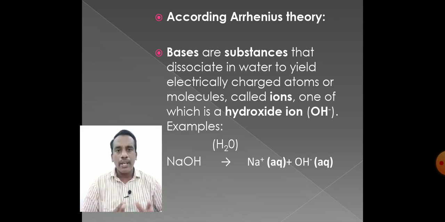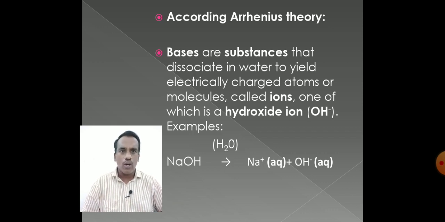These OH minus ions are called the hydroxide ions. So let us give the definition here. Bases are the substances that dissociate in water to yield electrically charged atoms or molecules called ions, one of which is a hydroxide ion. Let us take one example here.